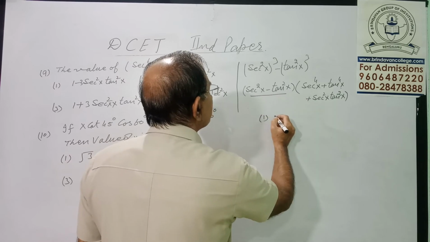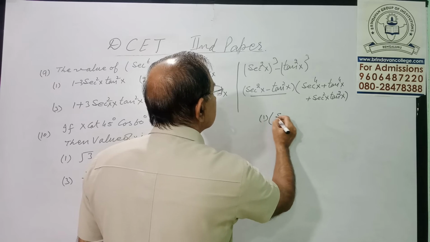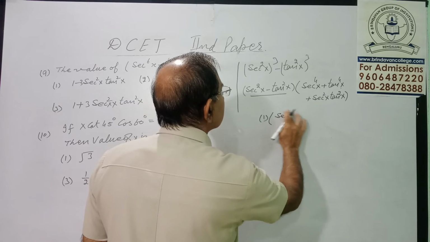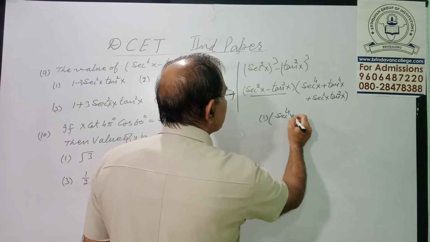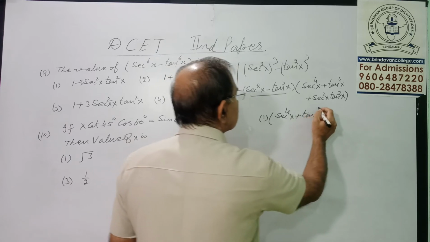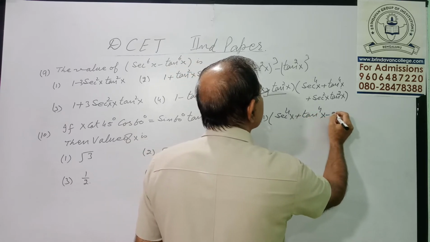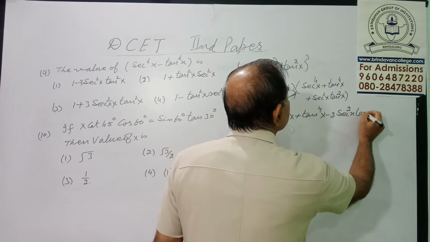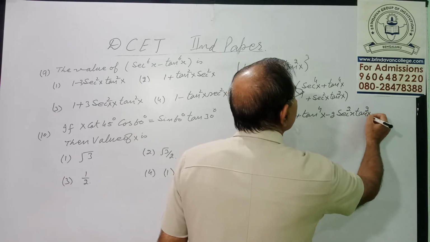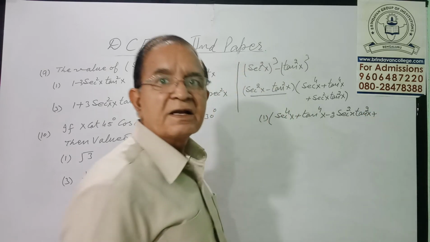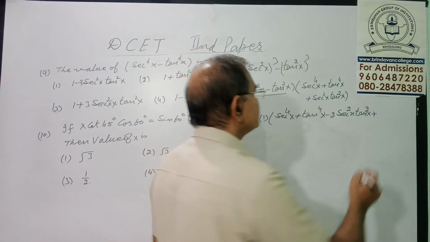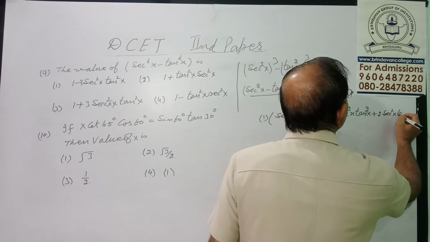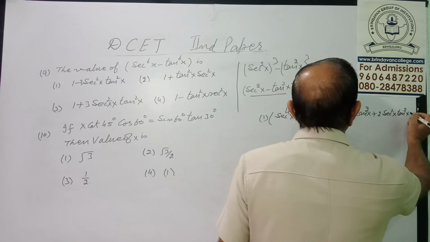Then here put it as secant 4x plus tan 4x, or otherwise learn the adjustment. I am writing it: secant 4x plus tan 4x, subtract 2 secant square x tan square x, and add 2 secant square x tan square x.